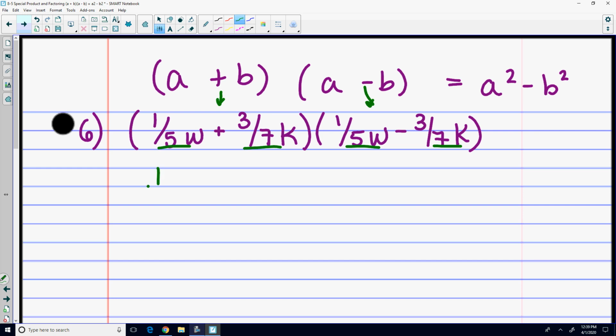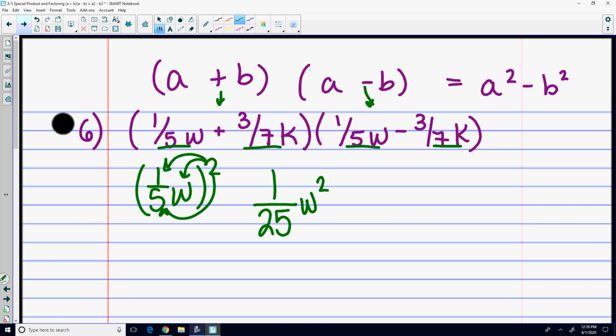I need to take 1/5 W and square it. To square it, I apply the squared to the numerator, the denominator, and the W. 1 squared is 1, 5 squared is 25, W squared is W squared. So in my A position, I have 1/25 W squared, minus.